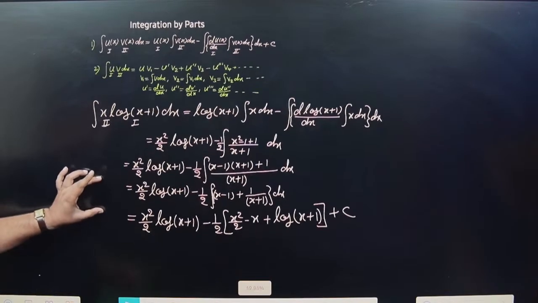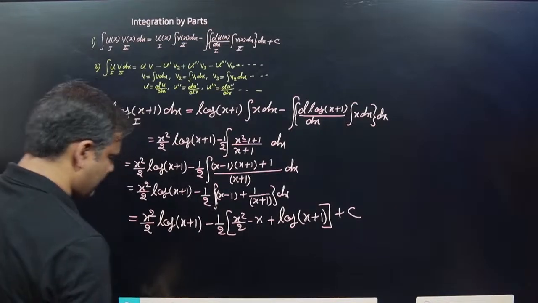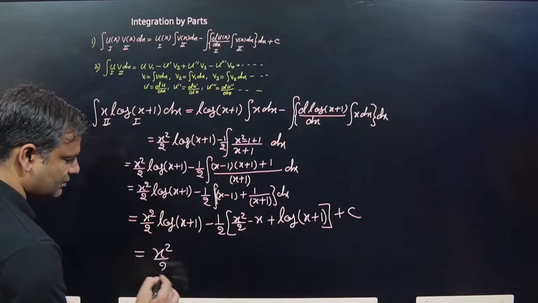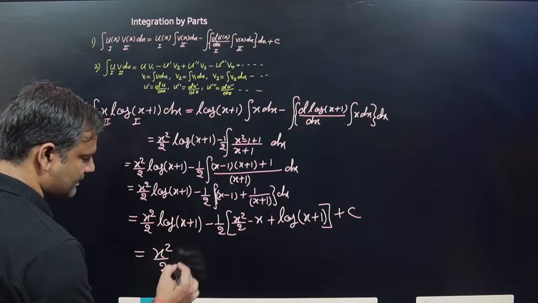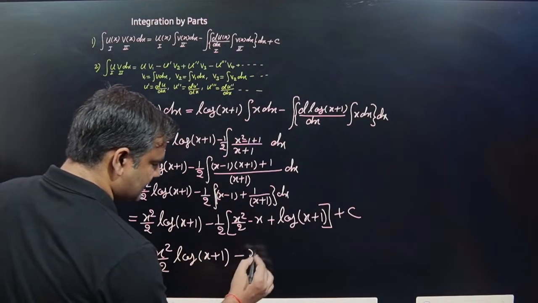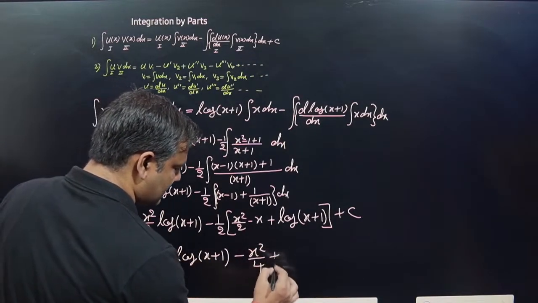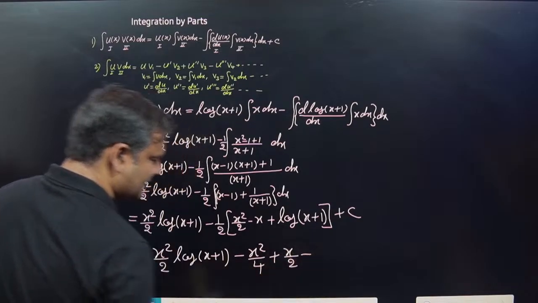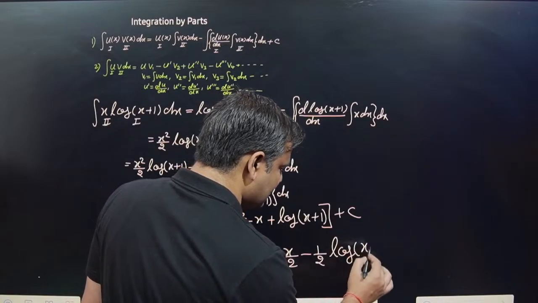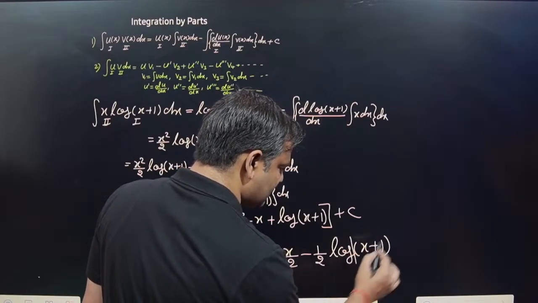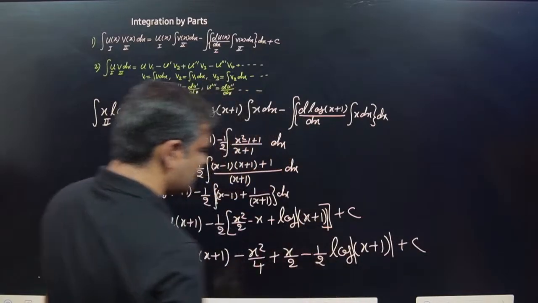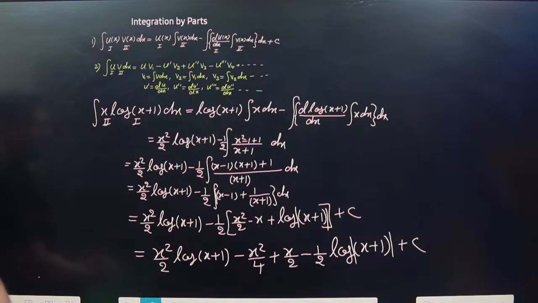Otherwise, to summarize, x square by 2 into log of x plus 1, and that is written x square by 4 plus x by 2 minus 1 by 2 into log of mod of x plus 1, plus C. Here it is written with mod. Clear? This is the final answer.